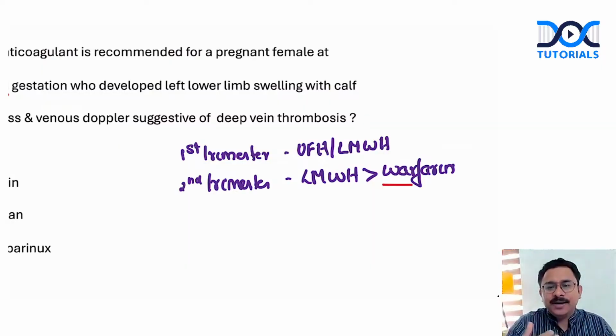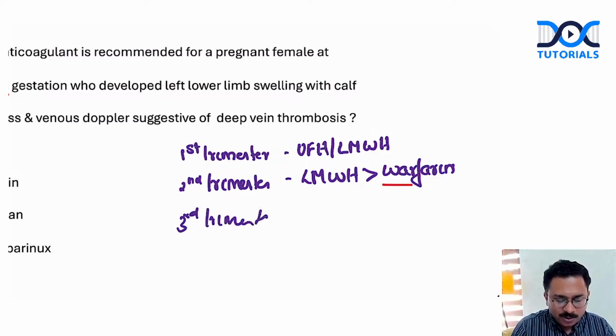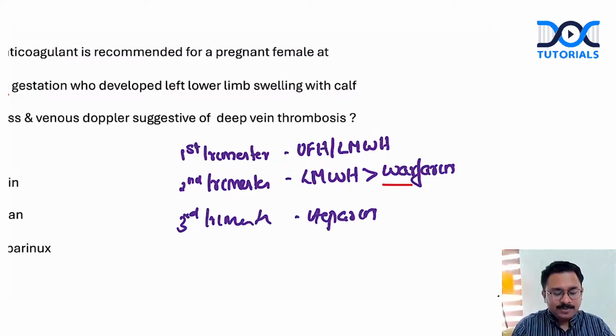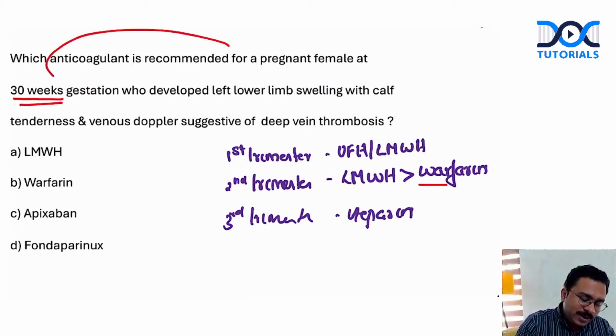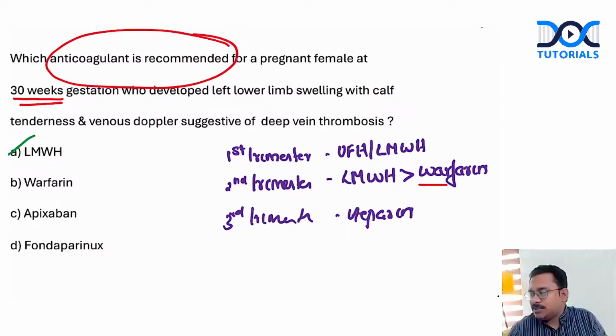But if there is a problem with compliance, and the patient is not agreeing to take a daily injection, then okay, you can go for warfarin. And in the third trimester, you are going back to heparin, either unfractionated or LMWH. But if the question is specifically which anticoagulant is recommended, it's still LMWH. I'm still going to prefer low molecular weight heparin.